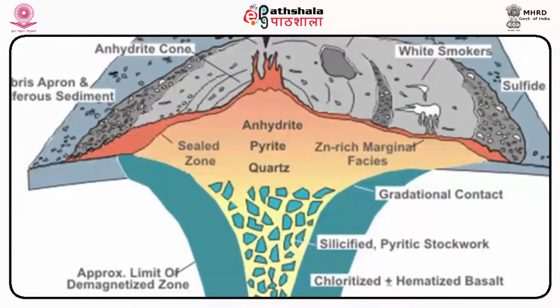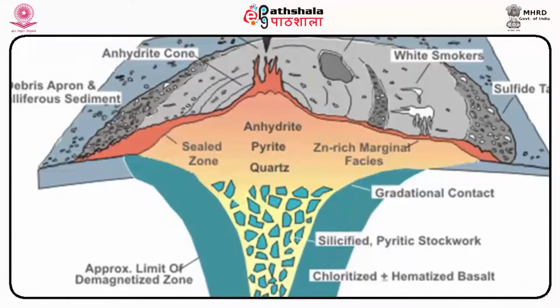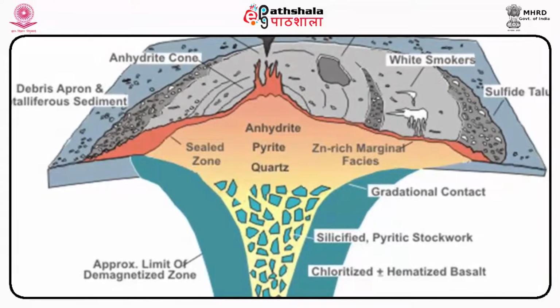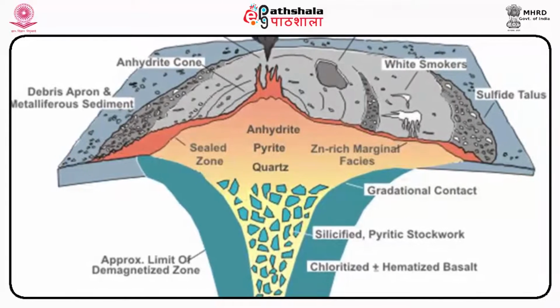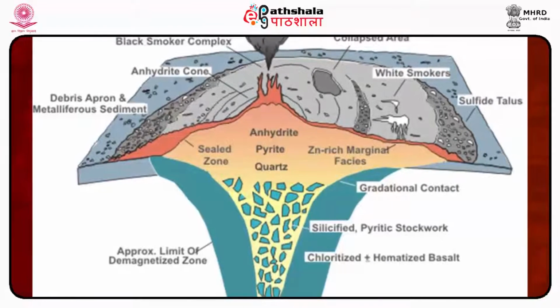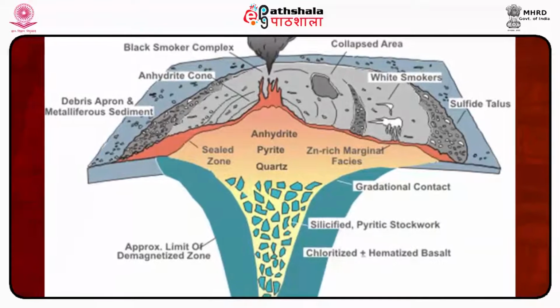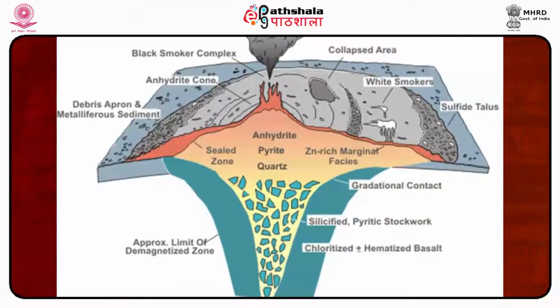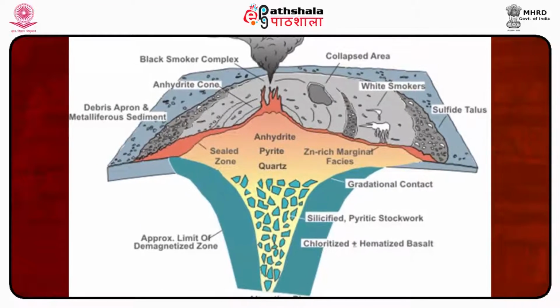Incompatible with the major silicate phases and enriched in residual liquids, this model derives not only the water and the metals and the other elements from a body of igneous rock, but also the energy to drive the mineralizing system.